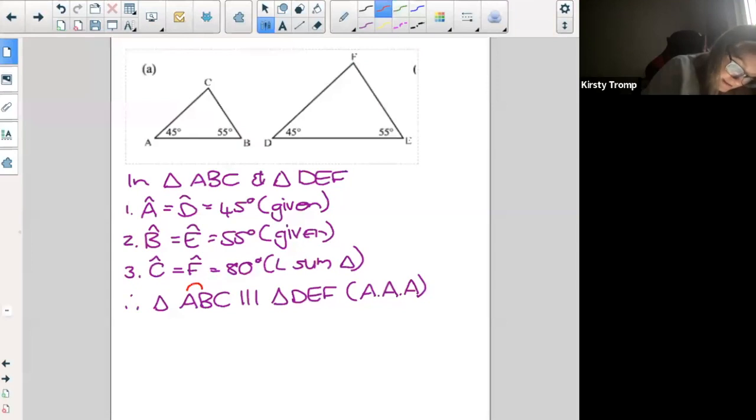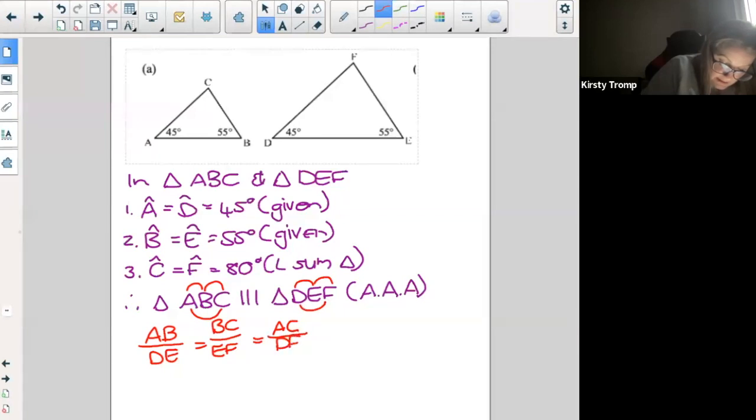We're going to say AB over DE is going to be equal to BC over EF, which is going to be equal to AC over DF.